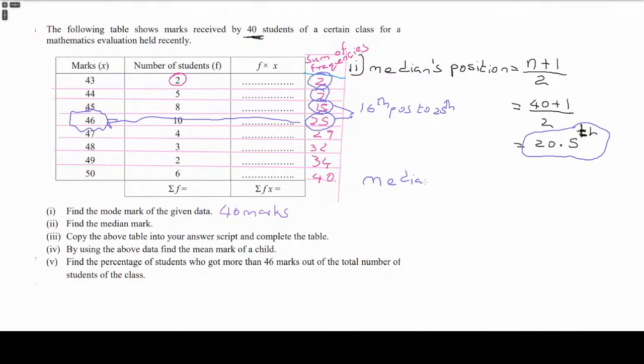Median mark equals 46. All right, so that's Roman 2. The median mark is 46.